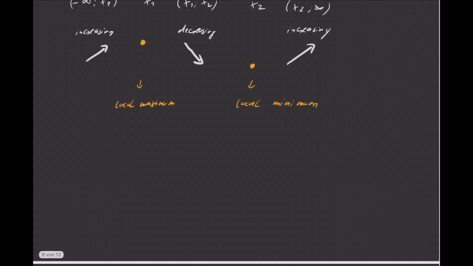So basically, the function looks something like this. It's increasing up to x1, then it's decreasing up to x2. So this here is x2, this here is x1, this is a local maximum, this is a local minimum. That is the local behavior of our function f.